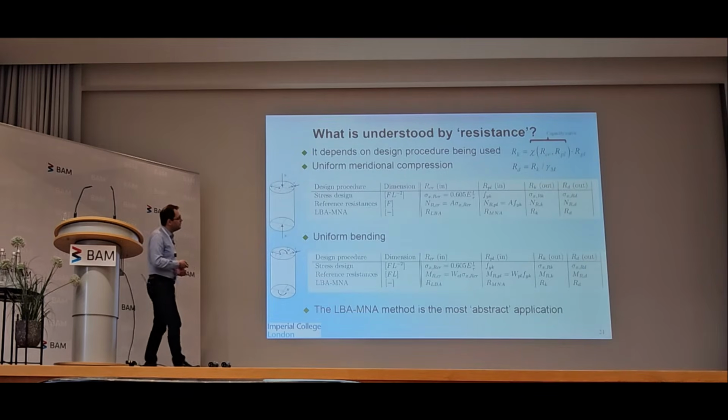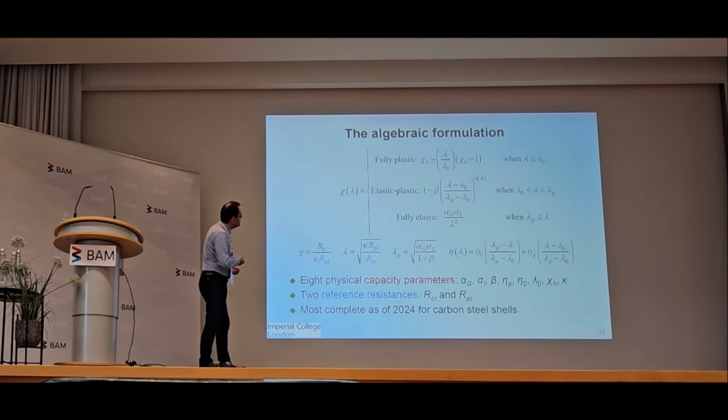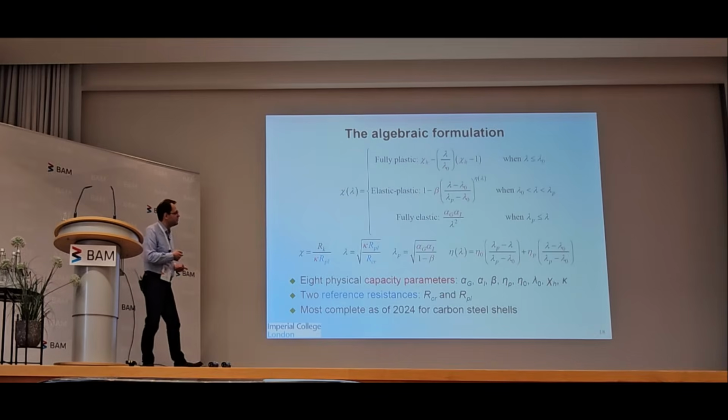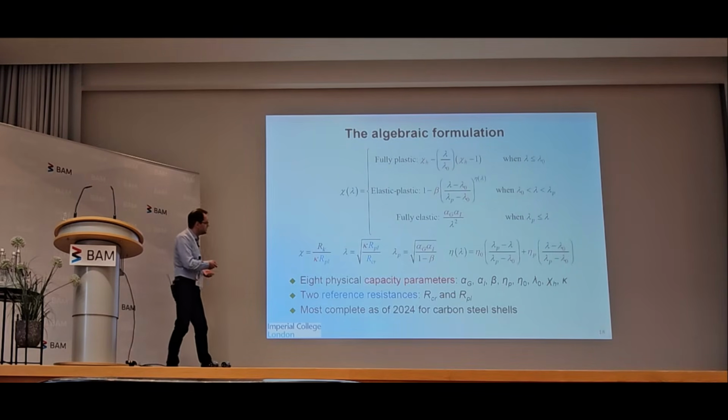And you may be asking, what is meant by a resistance here as the input in the capacity curve? And if I take us back to here again, it's an interesting question because many things can be understood by a resistance and still be an input into this curve. And that is because the formulation is completely dimensionless.